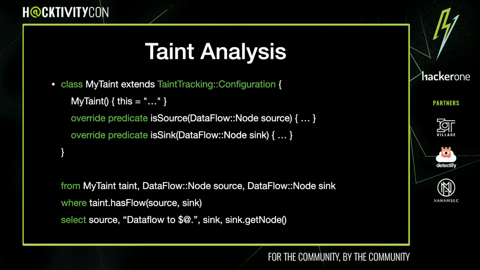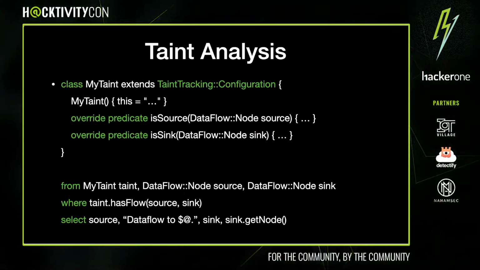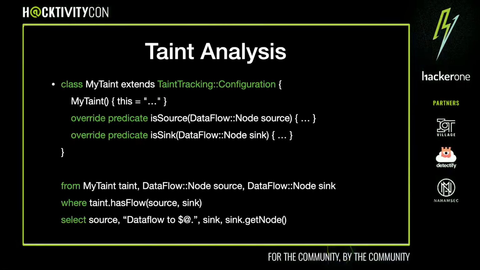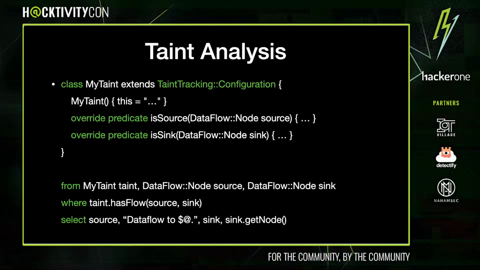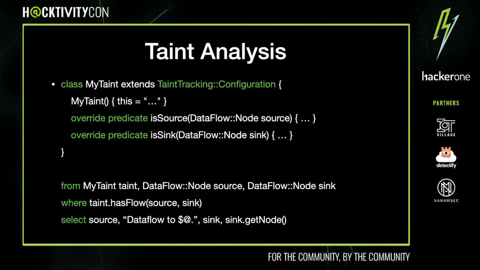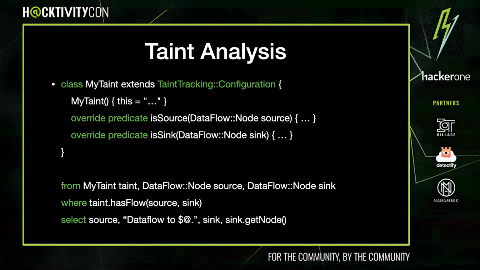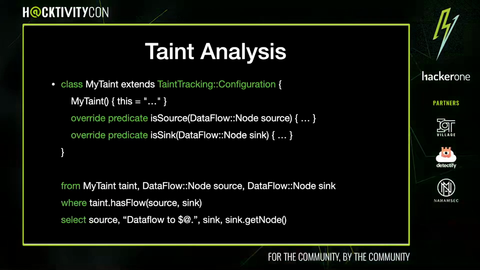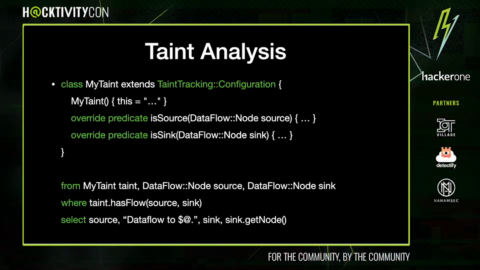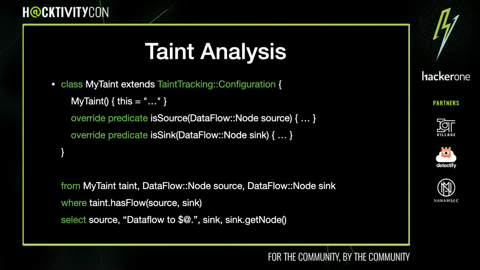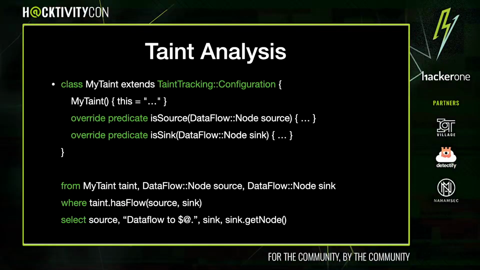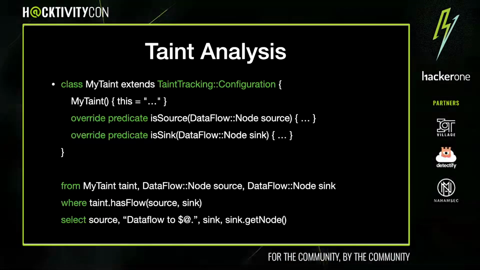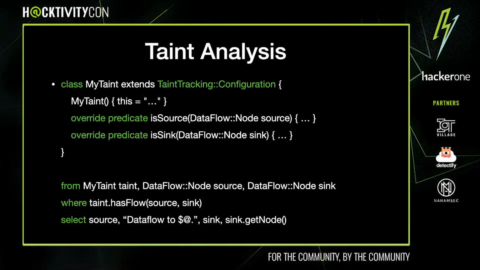The taint tracking library is in the TaintTracking module. Any taint tracking or data flow analysis query has three components, one of which is optional. The components are one or more sources of potentially insecure or unsafe data, represented by the TaintTracking source class.